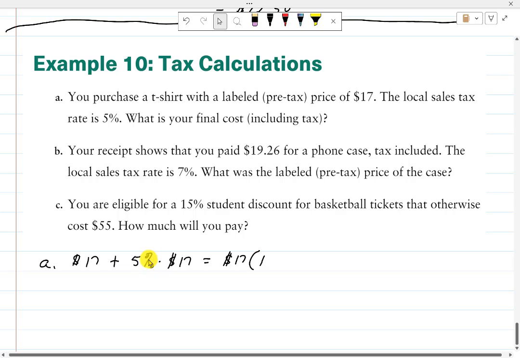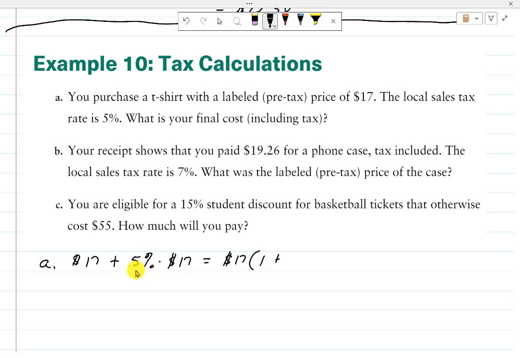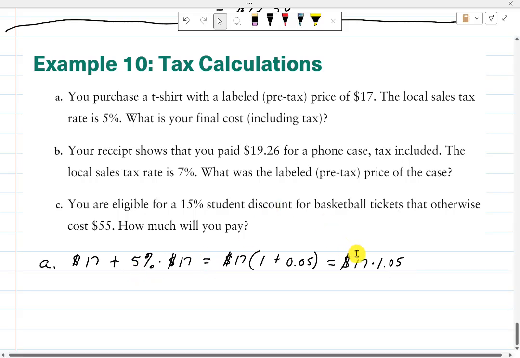And if I factor it out from that piece and change it to a decimal, I have 0.05. Well, that's just $17 times 1.05. Then I can get the total cost with taxes included by just doing this one calculation. You can use your calculator to find out that this will be $17.85 after taxes.